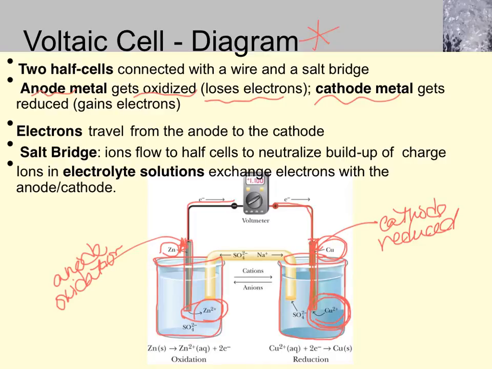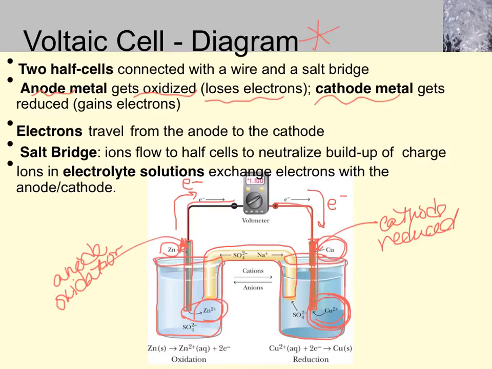There is a salt bridge that connects the two half cells also. And that's because once you start the battery, once you connect everything, the anode starts giving up its electrons. The electrons always start from the anode and travel to the cathode.